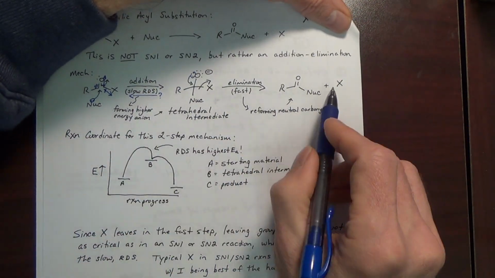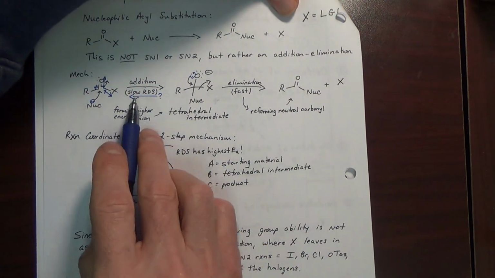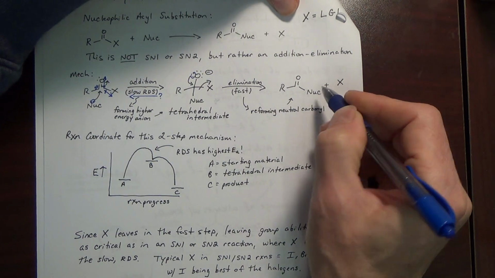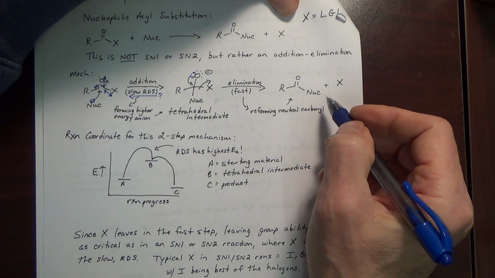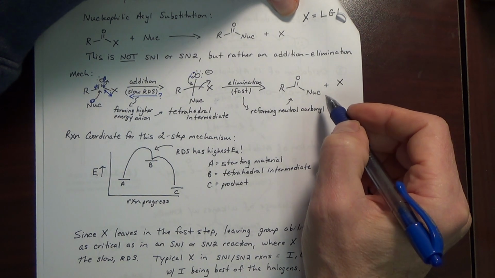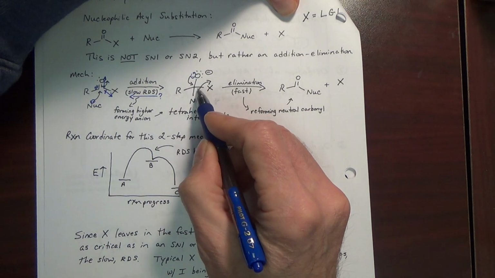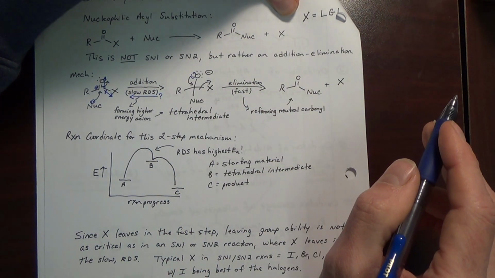Now, I'm not showing any charge here because it's very generic. So we have an addition-elimination to give, overall, the nucleophile replacing the X group, an overall substitution. And the carbonyl is reformed here as we expel the leaving group.